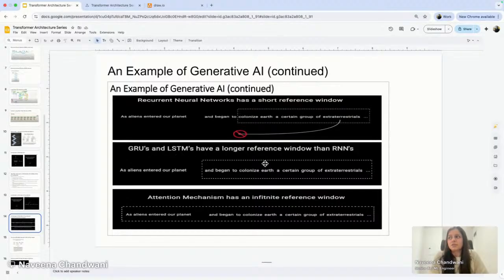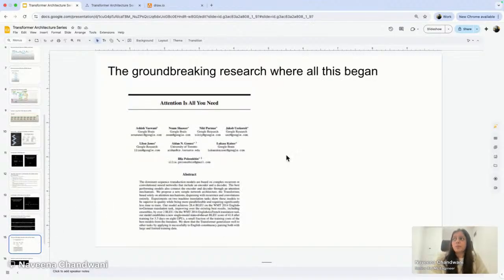So with this context, this is our summary so far: short reference window, then LSTMs just got a little better, and then with this attention mechanism that was introduced in transformers, we can have really long, infinite reference windows. And this is the paper where things really got transformed using transformers. This is Attention is All You Need, introduced by the Google team in 2017.